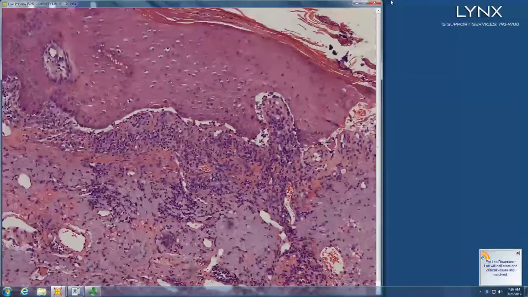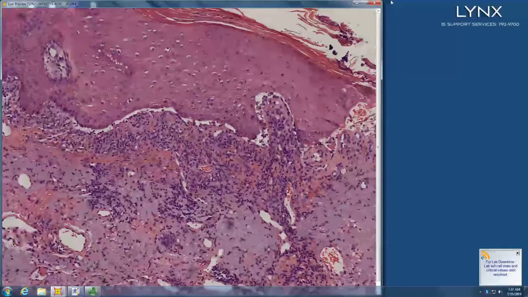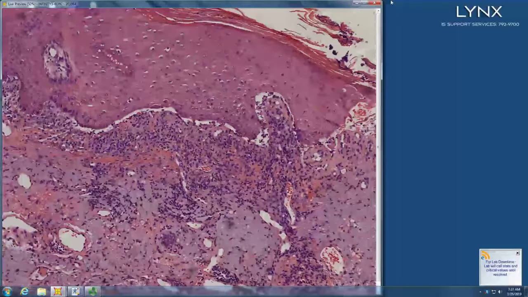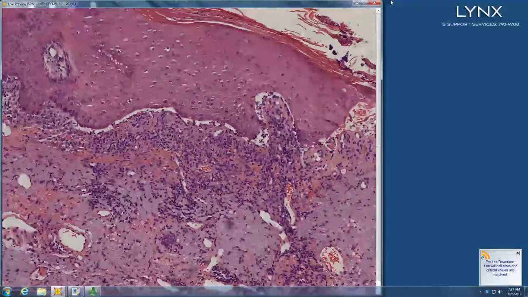PNP. That's exactly what it is, paraneoplastic pemphigus. And again, talking about lookalikes, remember PNP histologically often looks more like erythema multiforme or lichen planus than it does like pemphigus. So you have to put it together with the clinical.